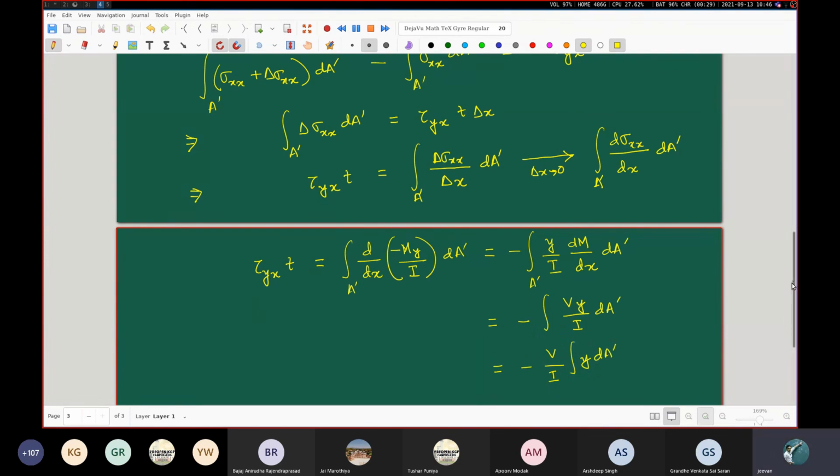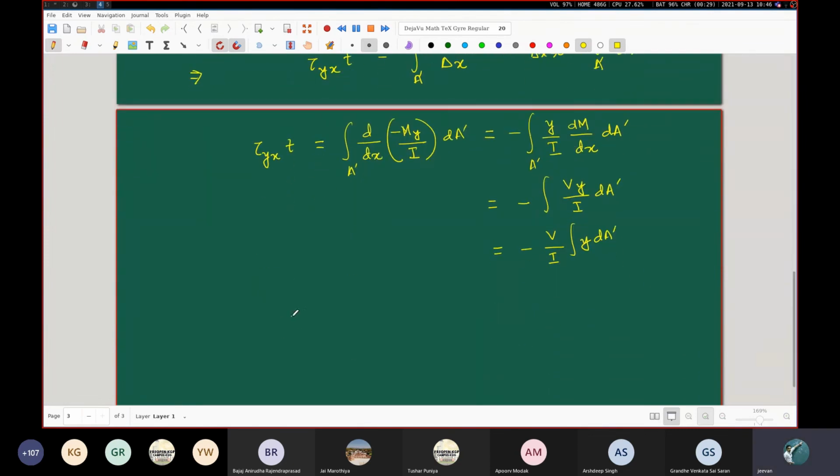So we are left with this. Overall, what we are getting is tau yx. Therefore, tau yx is going to be equal to minus V by It, times this particular integration that is depicted by Q. Q is equal to the integral of y dA dash.